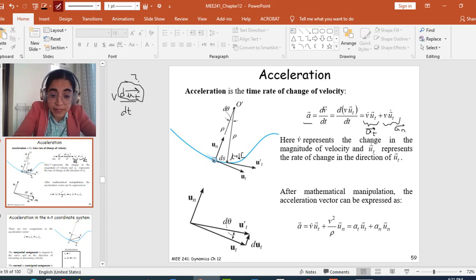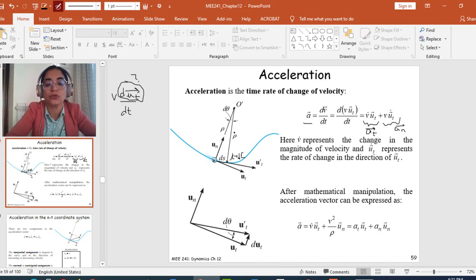In this case, the displacement will be ds. It's a very small displacement. And I can consider that the radius of curvature is almost constant. So it's not going to change in a very huge way, because this is a very small displacement. So I can say that I am still in the same circle that fits this curve.